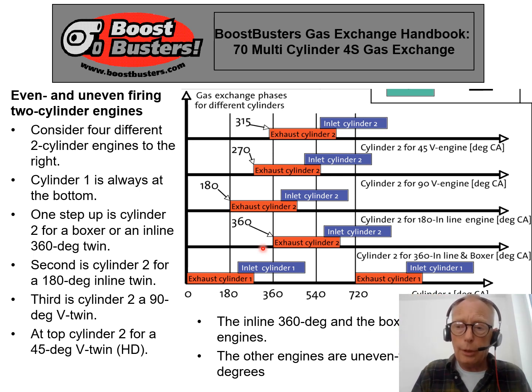And inertia-wise, the feeling in the handlebar, if this is in a motorbike, would be the same as a single-cylinder engine. Pretty vibrating. And old guys like myself, who have been riding Triumph and similar British motorbikes, were used to that kind of behavior.